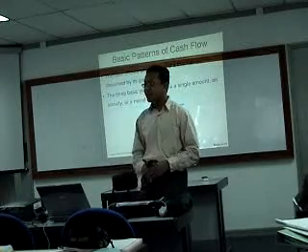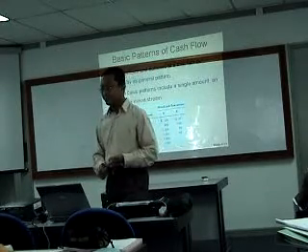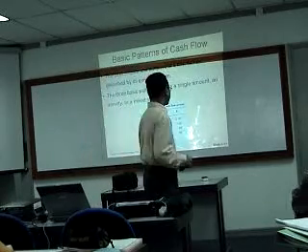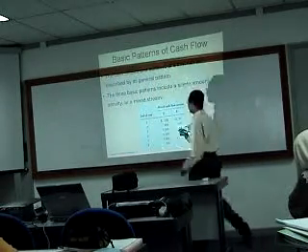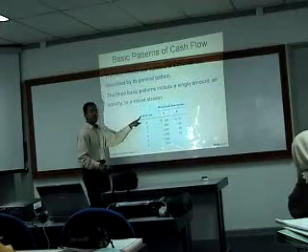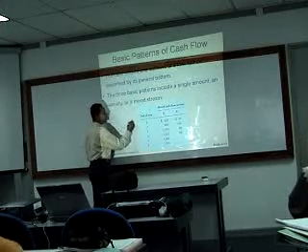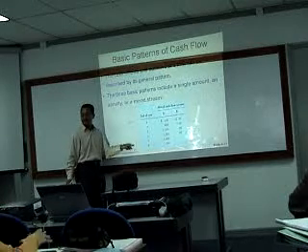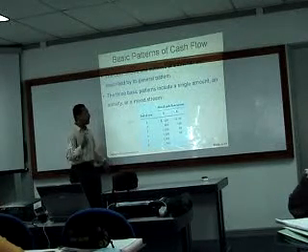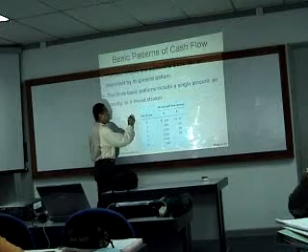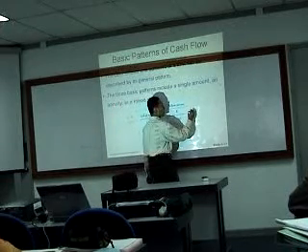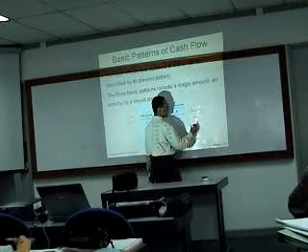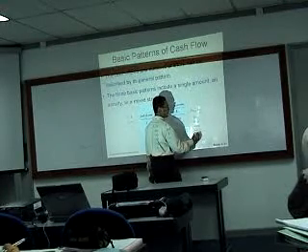There are three basic patterns: a single amount, an annuity, or a mixed stream. A single amount is like this: at the end of year 1, you keep 100, and you want to know what the amount will be in year 6. An annuity is the same amount for each year.